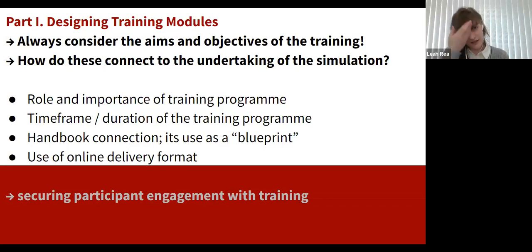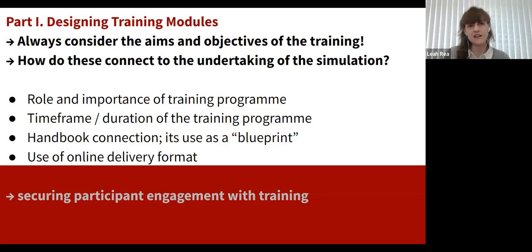And another key part of, I suppose, the broader understanding of how we design the training component is the use of online delivery. So whilst the simulation itself, bar those years of the pandemic, will take place on site in Padova, the training programme is delivered in an online format, and that essentially is to do with how we structure the wider programme around other commitments and responsibilities of the Secretariat, of staff at the Human Rights Centre, and of our participants themselves.